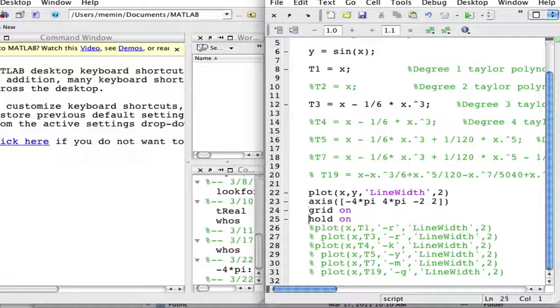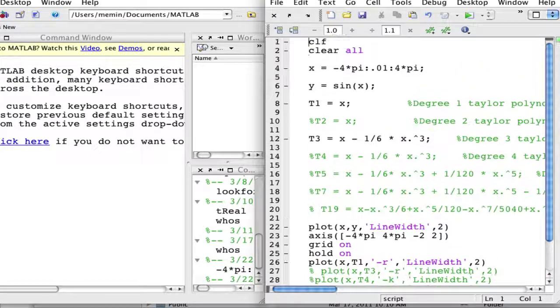Okay, let's go back up just to make sure. CLF, what does that do? Clear figure. What we're going to do is plot the sine function, and then plot the Taylor polynomials. Clear all, what does that do?